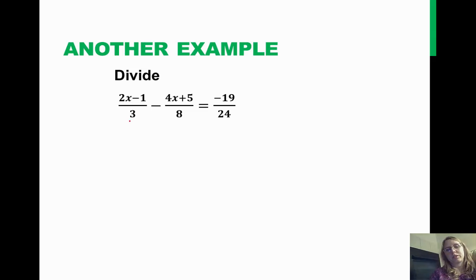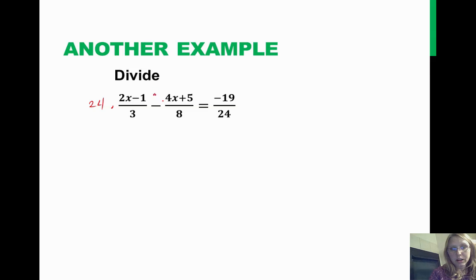In this example, we have a 3, an 8, and a 24 in the denominator. I need to find a common denominator, and in this case, 8 times 3 is 24, so that would be the easiest common denominator. So let's take each term and multiply it by 24.